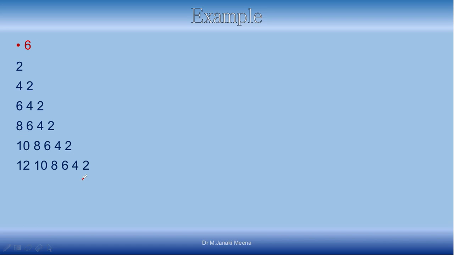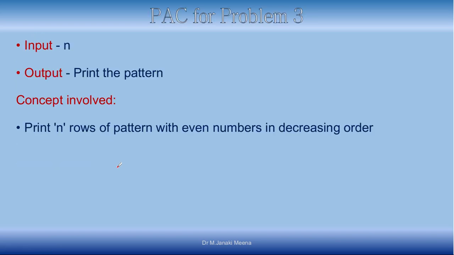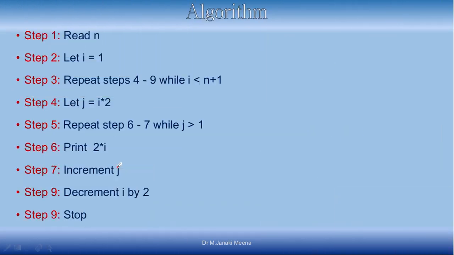This is how the sequence is getting generated. So n is going to be the input, the number of rows that you want to print, and as we observed, you are going to print a pattern of even numbers in decreasing order. So this may be the algorithm.